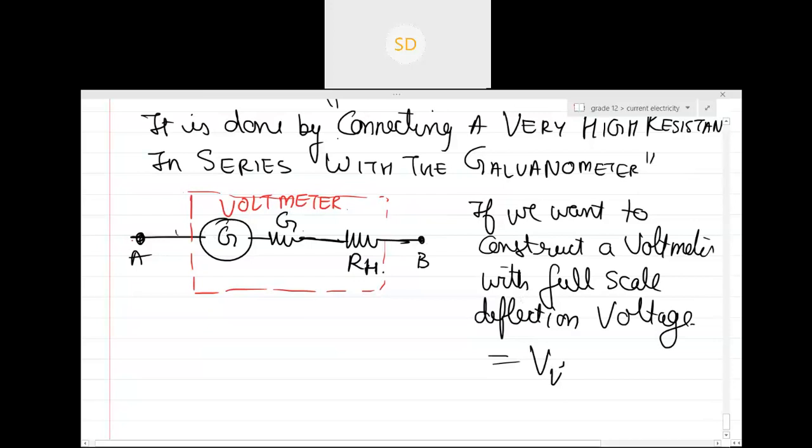What will be the current which should pass through this voltmeter so that this voltmeter will tell me?